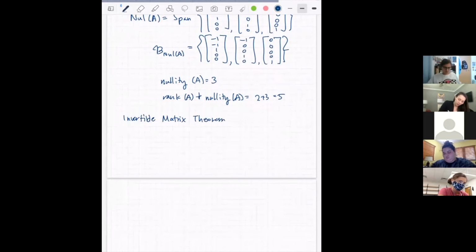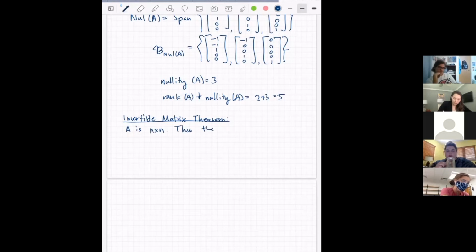So remember, the invertible matrix theorem is all about these different equivalent conditions to having an invertible matrix. So we assume that A is a square matrix, so A is n by n. Then the following are equivalent to A being invertible.